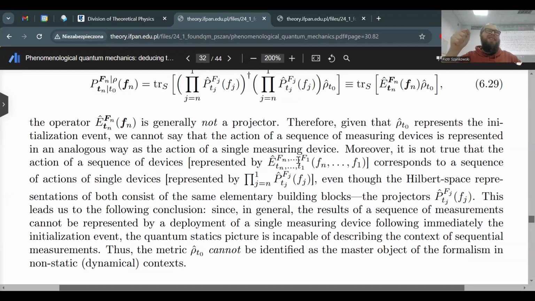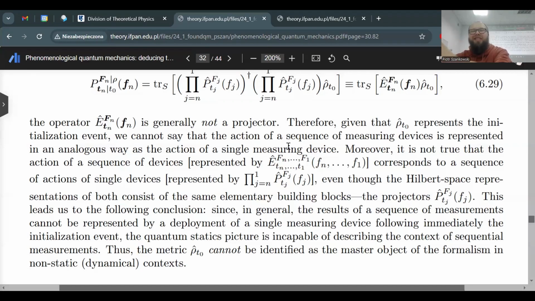And that's why I don't like this approach. If you consider only measurements, then it kind of works. But beyond that, in complete quantum dynamics, which we'll get to, in addition to sequential measurements, you would have to introduce some new thing, and this new thing would be a much more interesting quantity than this initial condition rho.